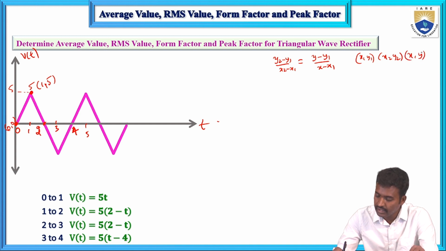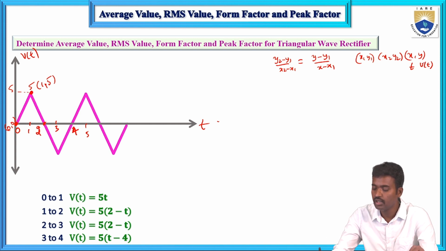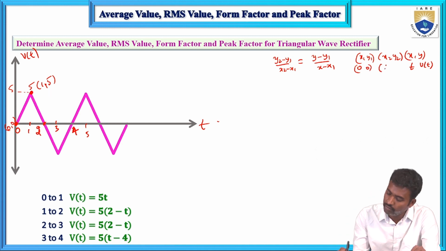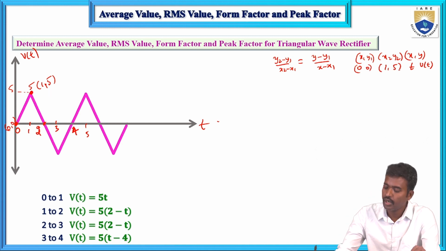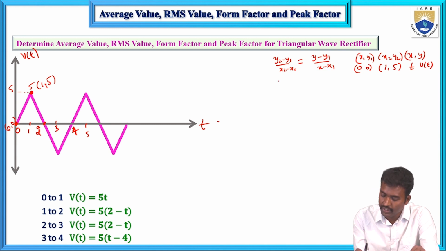So these are the coordinates x and y. Here x is the time axis and y is v of t. Here x1 y1 is 0 comma 0, and x2 y2 is 1 comma 5. If you substitute these values, 5 minus 0 divided by 1 minus 0 equals v of t minus 0 divided by t minus 0.